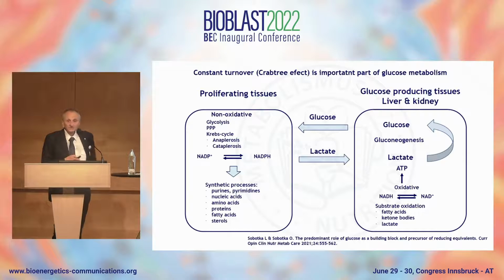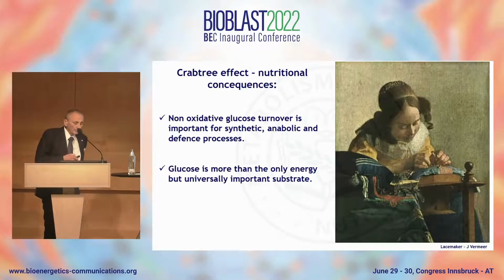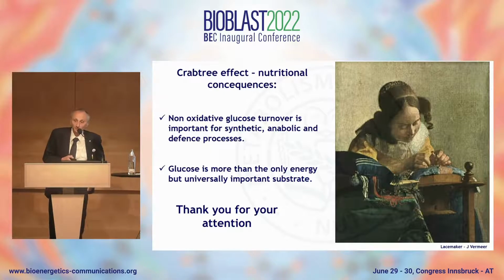These are slides which we published with Andre, and we showed the turnover of glucose and lactate, and increased production of lactate during all conditions when we need more substrates for all these purposes. So non-oxidative glucose is important for synthetic, anabolic, and defense processes. And glucose is much more than only an energy substrate, it is a more universal substrate. Thank you for your attention.